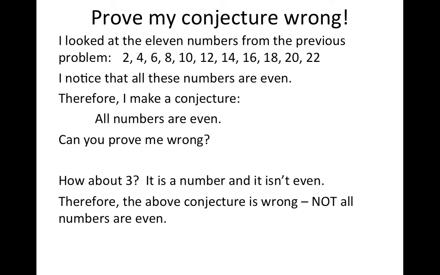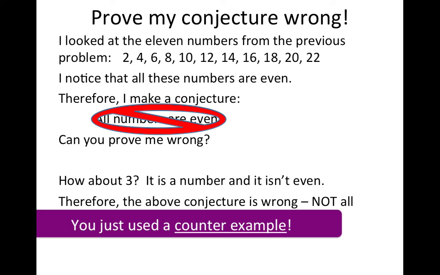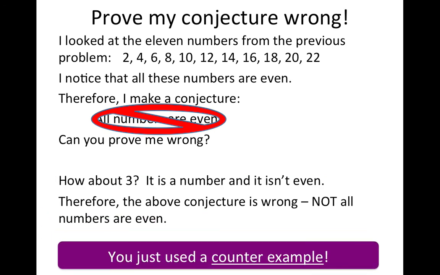And if you're able to do that and say, hey, wait, what about 3 or 5 or 12 or 12 and a half or negative 43.2? Those are all numbers that are not even. And each of those, we say that's not true, each of those is what's called a counterexample. And so you just used a counterexample.